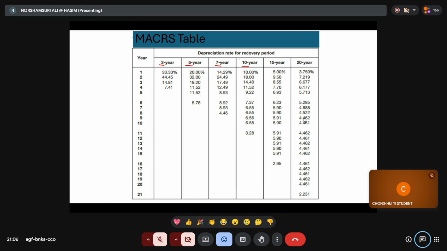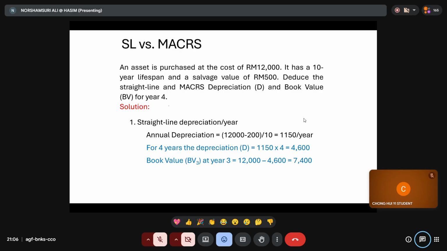So if, for example, it has a 10 year lifespan, we can use this one. Then they have a salvage value of 500. Normally salvage value is used for the straight line method, not for MACRS. For MACRS, the value at the end of the life actually becomes 0.